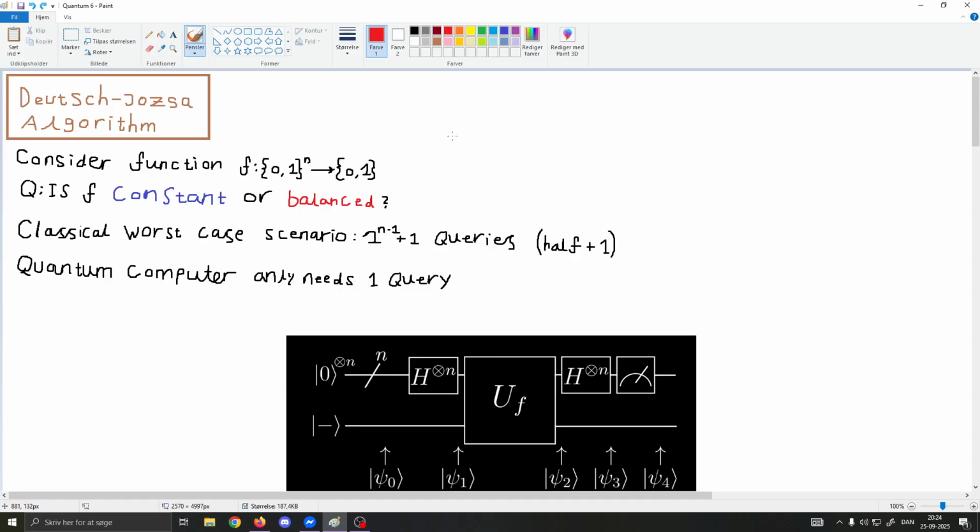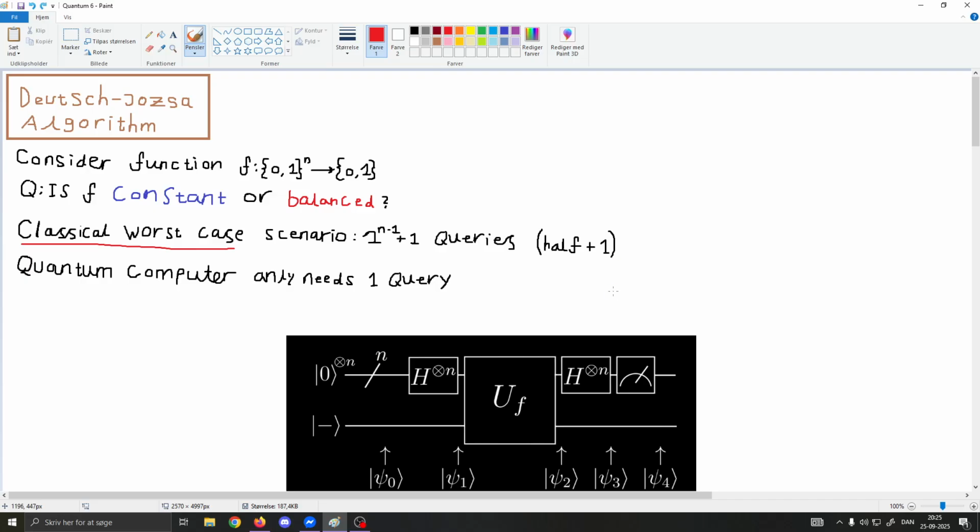But it doesn't have to be in order. It could be that it switches back and forth between the output being 0 and 1, etc. So obviously then, if we consider the worst case scenario for the classical computer's case, it would need to query half the inputs plus 1.